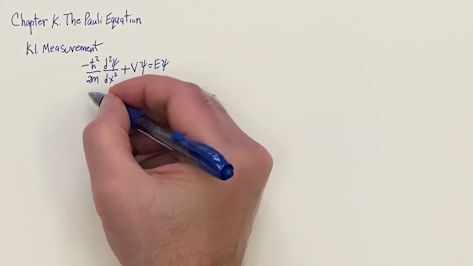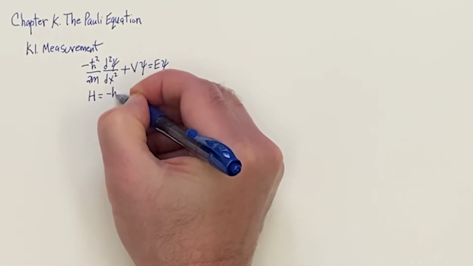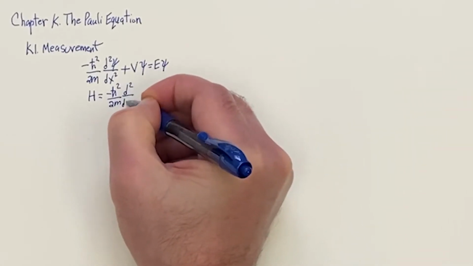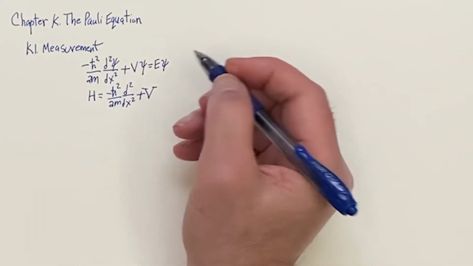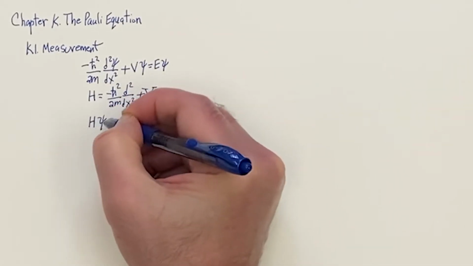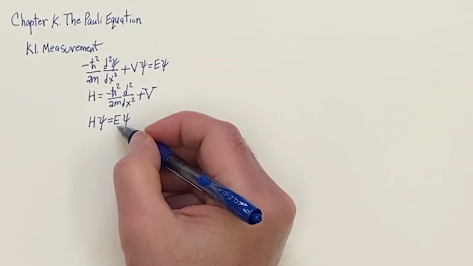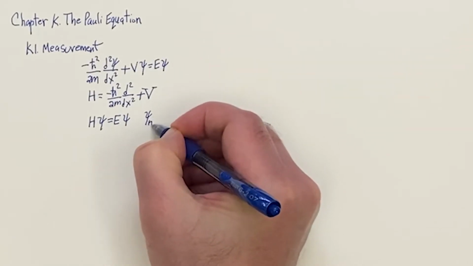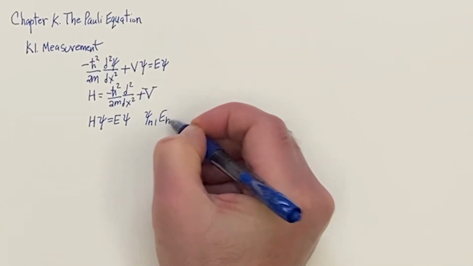Notice that if we let this operator, capital H, be minus h bar squared over 2m, second derivative, plus potential, then we have an eigenvalue problem. When this operator operates on psi, you get the same thing back with the energy. And you're going to have a set of eigenvectors, and then eigenvalues that go with the eigenvectors.